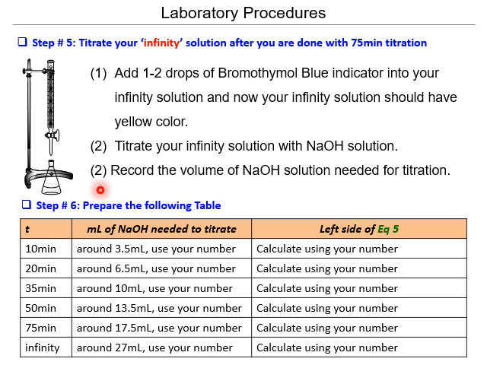Then you need to do some calculation. For your different times and your infinity solution, you will have the milliliters of sodium hydroxide you used. Based on it, you can calculate. Let me show you.